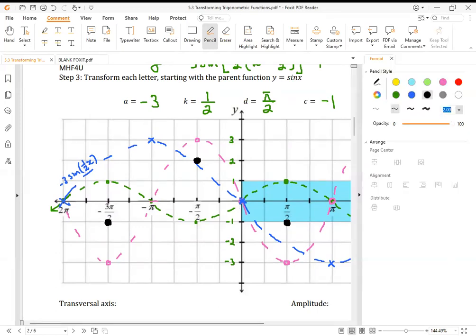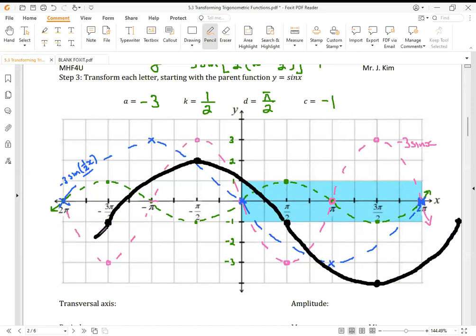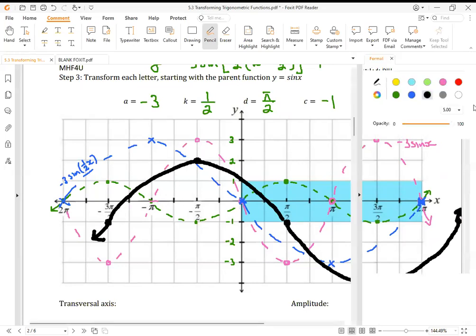Let's use a much thicker line. And do your best. Okay, there it is.